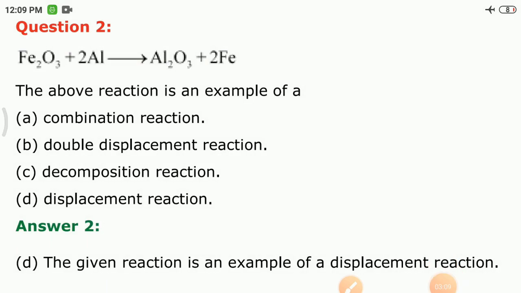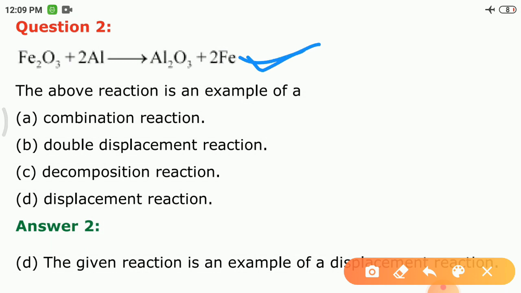Question number 2 is, Fe2O3 plus 2 aluminium gives Al2O3, aluminium oxide, plus 2 Fe. The above reaction is an example of what? So we have to find out the type of reaction here.